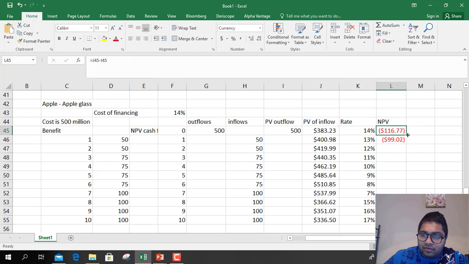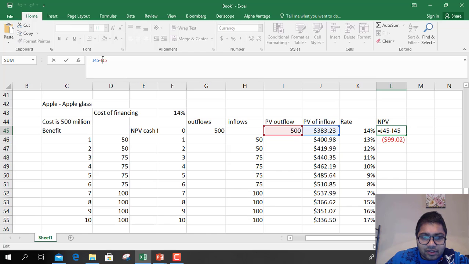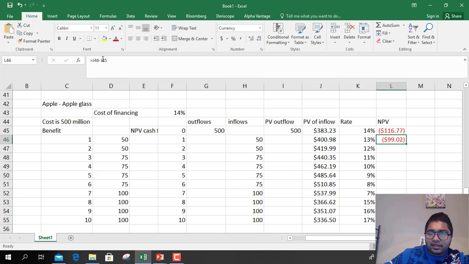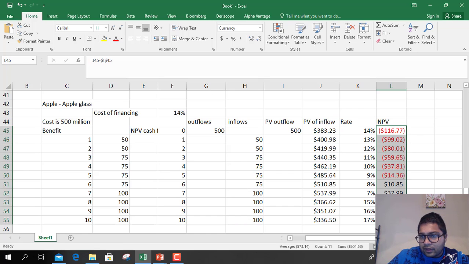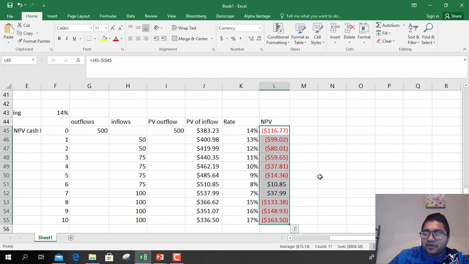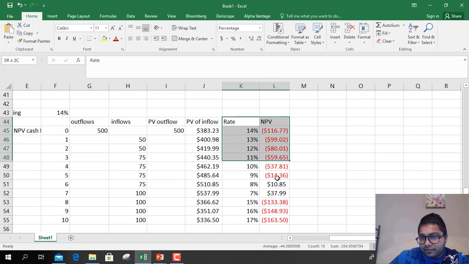So if you make the outflows constant, that's not changing, and drag this down. So this is your NPV profile. So when does the NPV turn positive? It turns positive somewhere between 9% and 8%. So if you graph it out, let's create a graph.